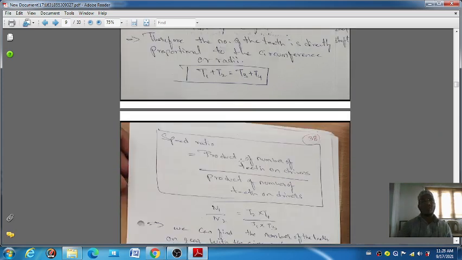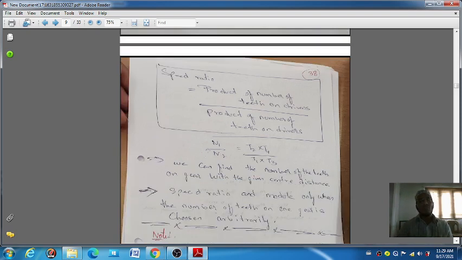And you know very well the speed ratio formula is the same for compound gears and reverted gears: the speed ratio is the product of the number of teeth on the driven gears divided by the product of the number of teeth on the driver gears. N1 by N2 is equal to T2 by T1 into T4 by T3.